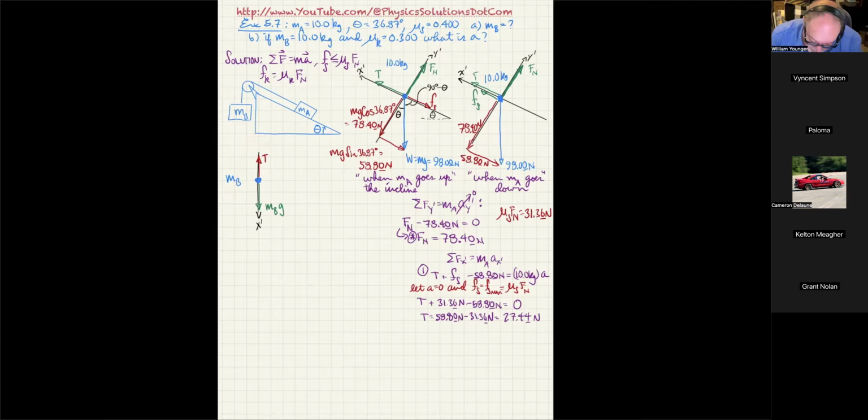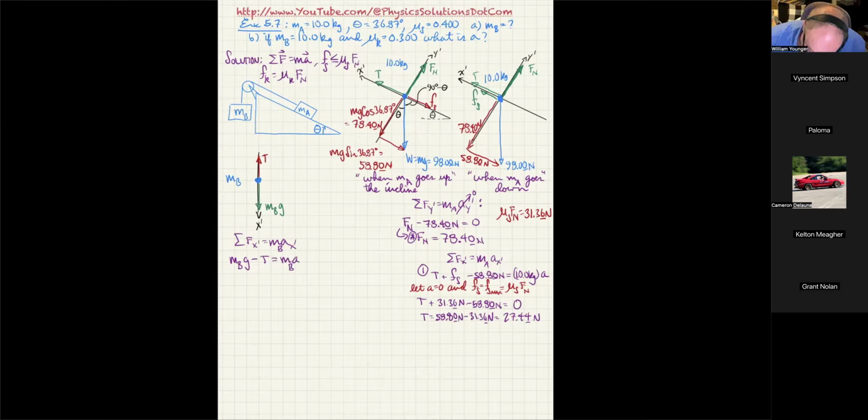Let me write Newton's second law real quick here: the summation of the forces in the x prime direction equals mass times acceleration in the x prime direction. Of course, this time it's MB. So in this case, I have MB G minus T is equal to M sub B times A.